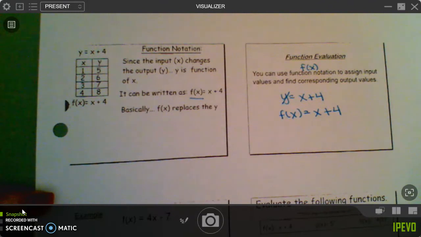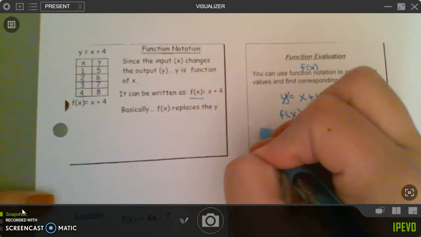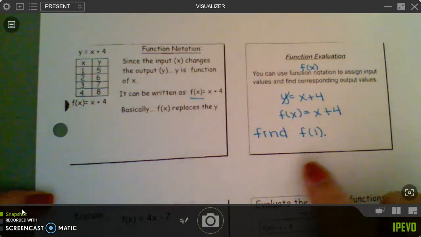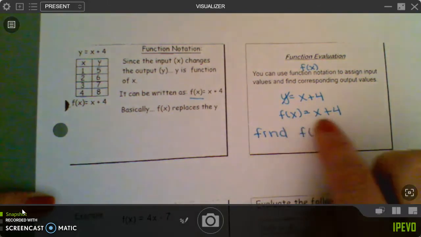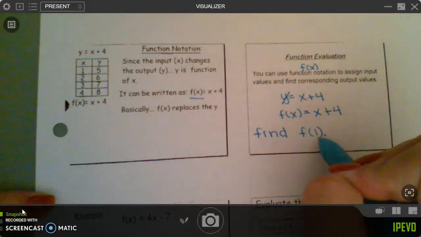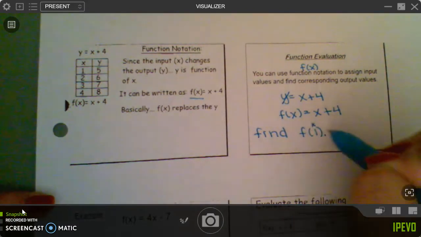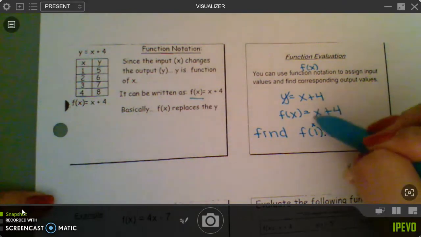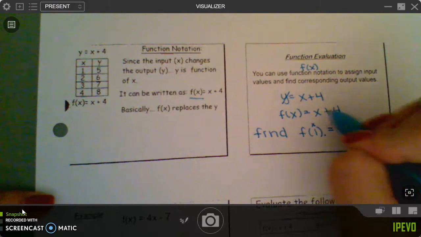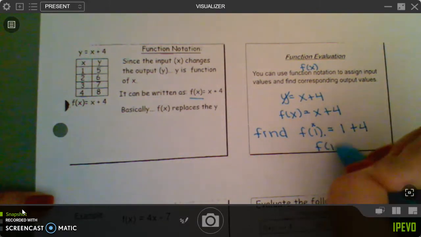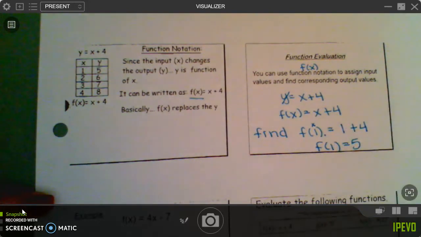It means the same thing, but now you're going to have a question that says find f of 1. So you're using your f of x function right here, and it was f of x, but now it's f of 1, meaning the x is now 1. So you're going to take out this x, and instead you're going to put in a 1. So 1 plus 4. That means f of 1 equals 5.